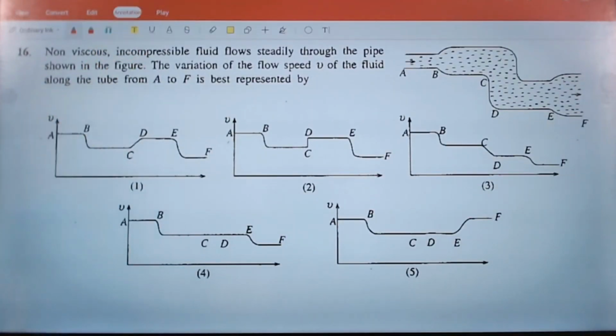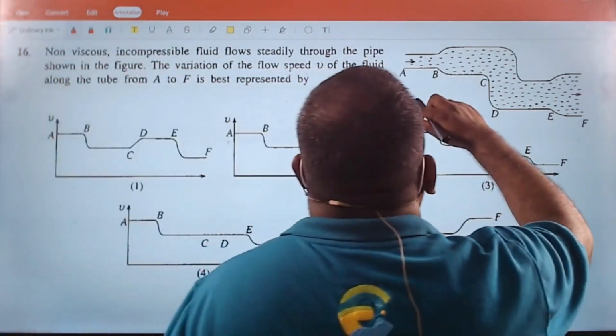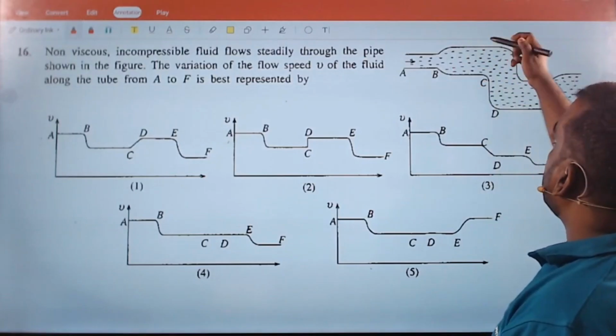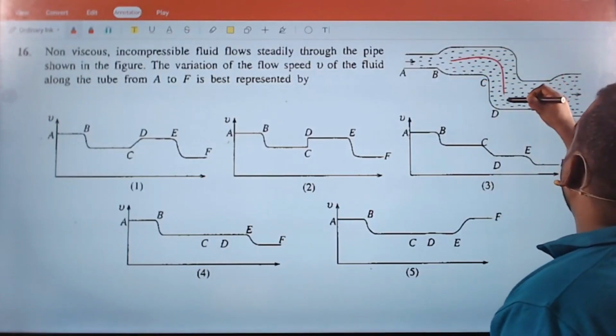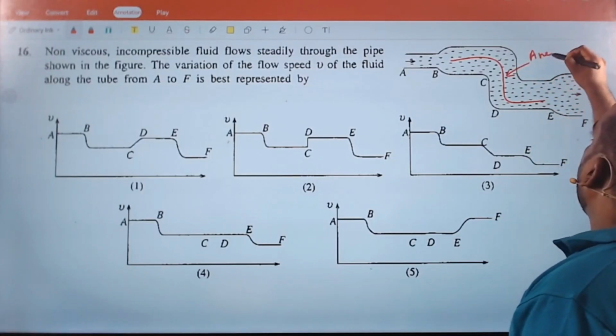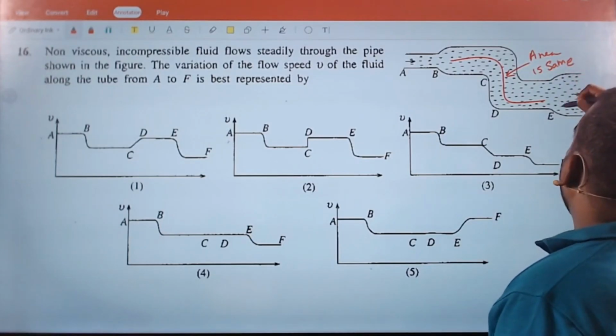MCQ 60. Non-viscous incompressible fluid flows through a pipe. Smaller area, larger velocity; larger area, smaller velocity. From here to here to here, area is the same, which means velocity is the same. Then the area becomes bigger, velocity drops.